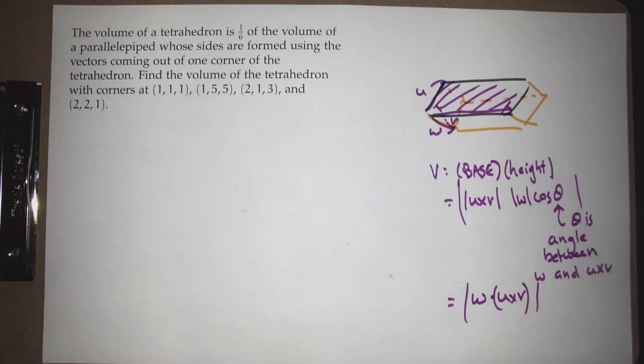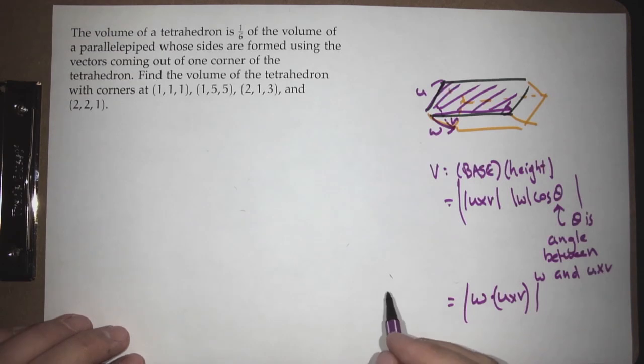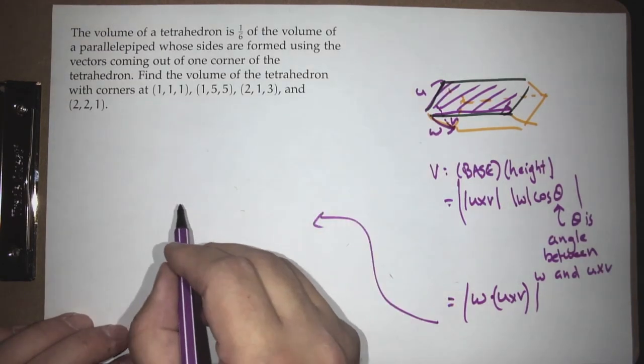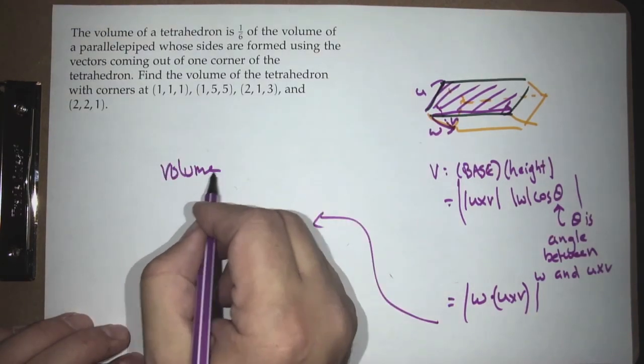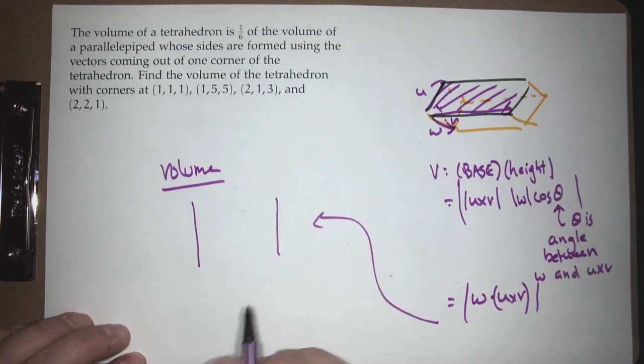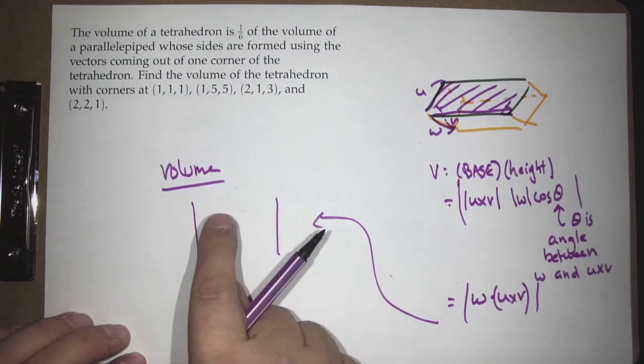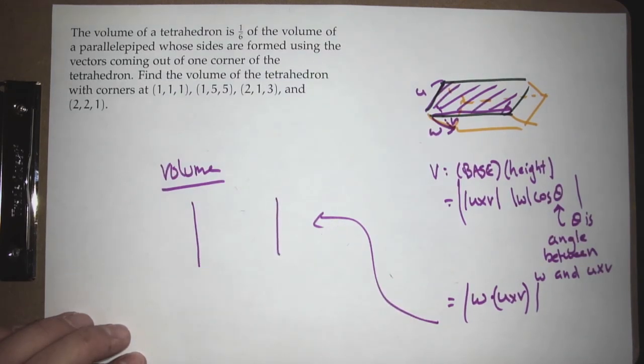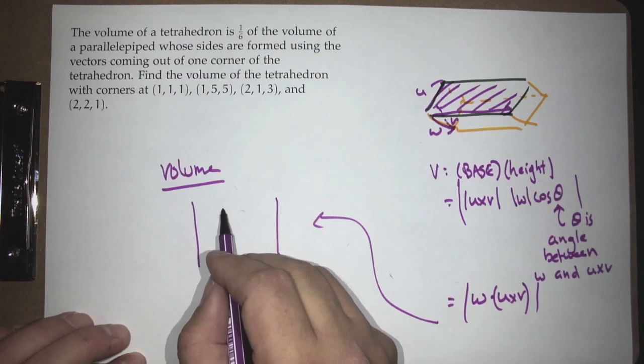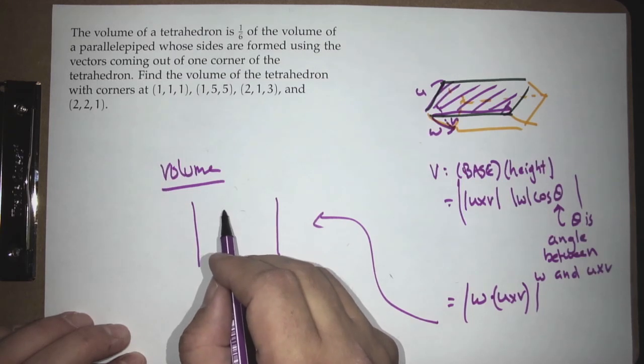What's your tool that you use? You use a matrix. So here's the cool part. Just remember this. If you have to find a volume, what do you do? You write a 3x3 matrix. But you do not put ijk. You put one of your vectors. Which one? Haha, trick question, doesn't matter.